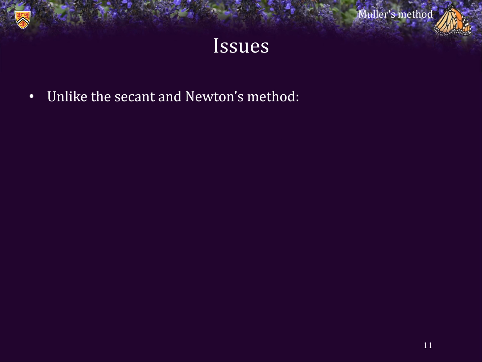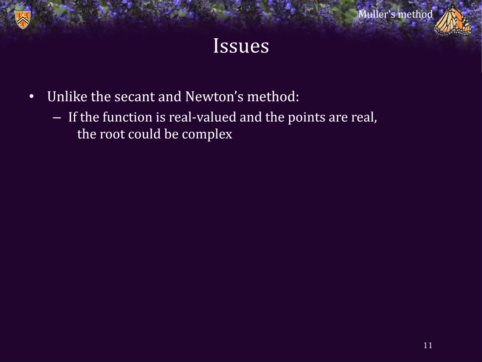There are, however, issues with this method, which is called Muller's method. Specifically, if the function is real valued and the points are real, the roots can still be complex valued. Now, this is actually more useful than the secant method and Newton's method if we are actually finding the roots of a real polynomial that has complex roots, because this will actually move into the complex plane and then converge to a complex valued root.